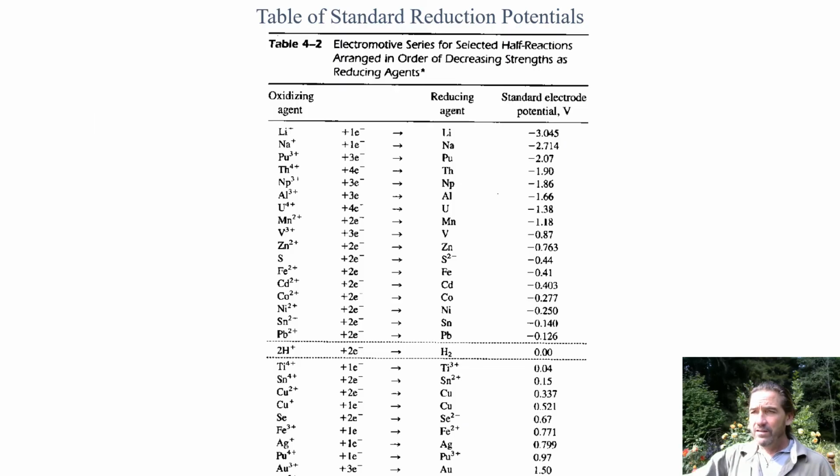And so last, here is table 4.2. Here's lithium. It's at the top of the table, so it's the best reducing agent. And you might need time to think about reducing agent, oxidation, reduction. And down here, I have gold 3 plus, which is positive, and at least on this table, it is the best oxidizing agent.